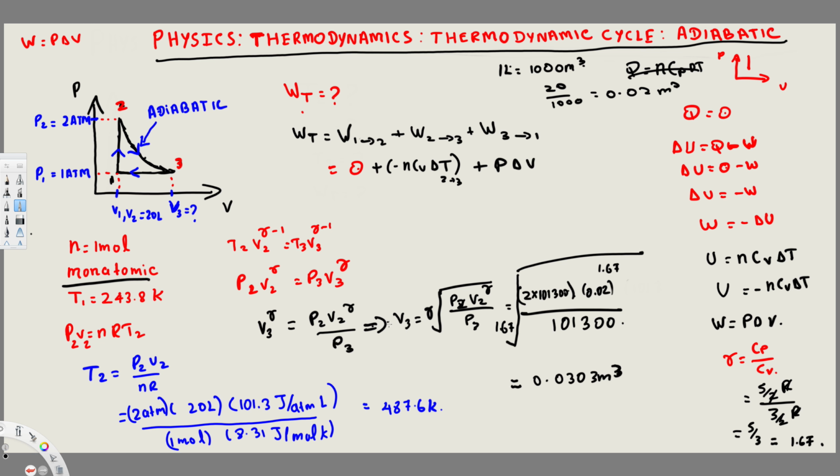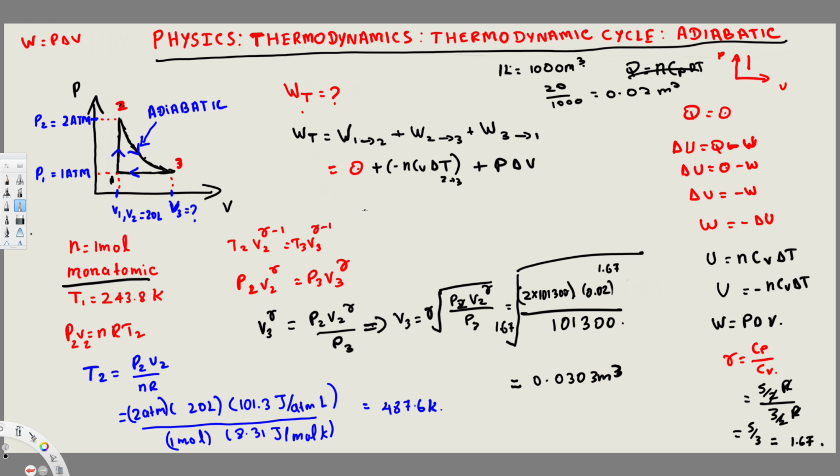Since we have this one right here, now what we can do, we have V3. Now we are trying to find T3, that's our purpose, right? So let's go to this equation again, or you can use PV is equal to nRT because we have V3 already, and P we already have, V3 we have, nRT.